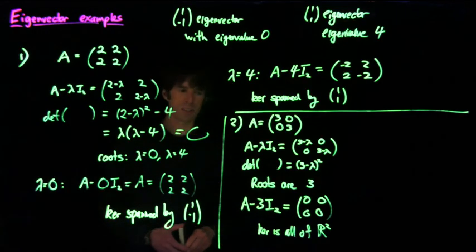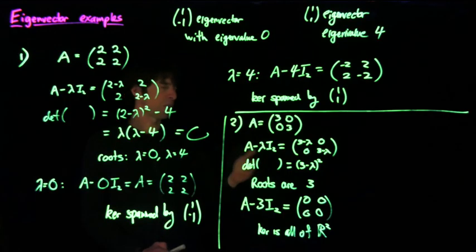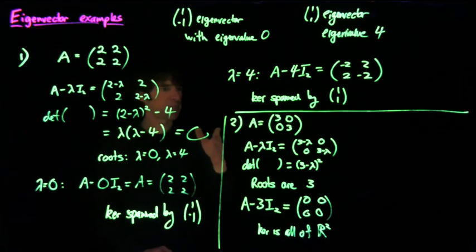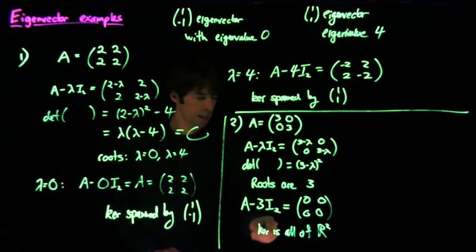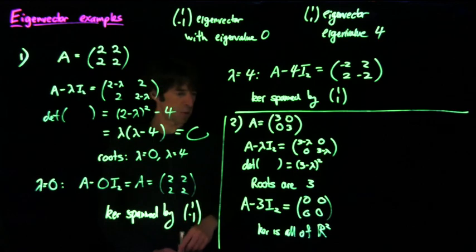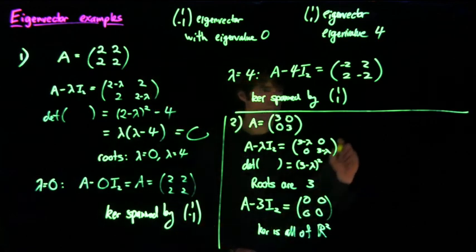So let's contrast these two cases. In case 1, we had 2 distinct eigenvalues, and for each one we were able to find an eigenvector. So we had a basis of eigenvectors, 2 eigenvalues, 2 eigenvectors. In case 2, we had only a single eigenvalue, but we had a 2-dimensional space of eigenvectors for it. So everything is an eigenvector with eigenvalue 3.